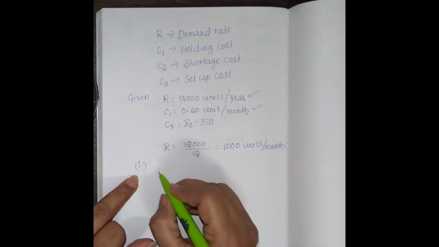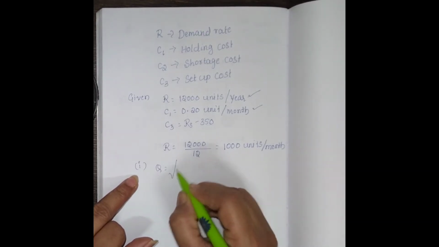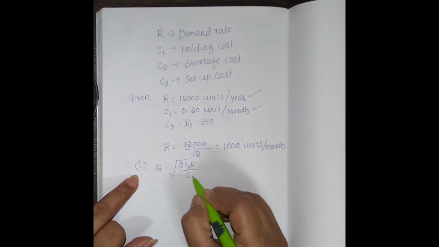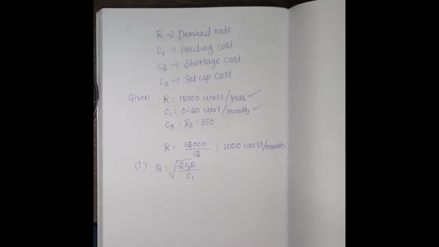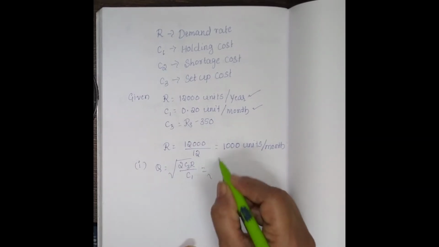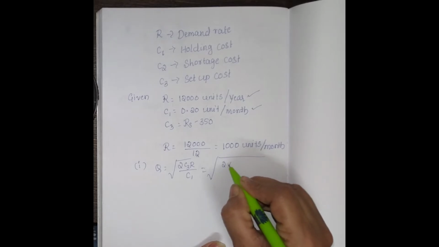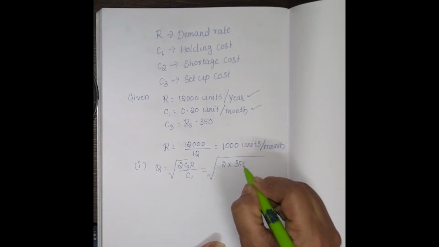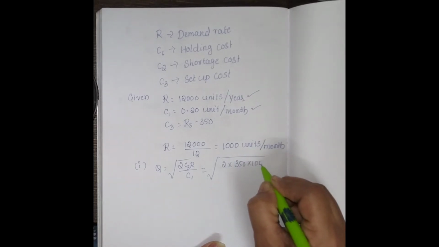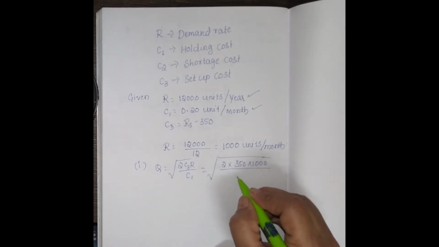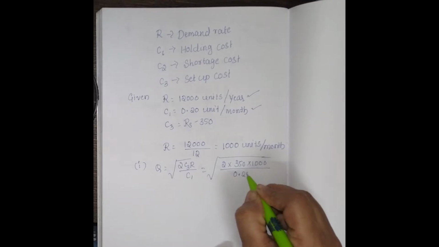The first question, that is Q is equal to the square root of 2C3R by C1. Just substitute all the values in the formula. 2 into 350 into 1000 divided by C1, that is 0.20.